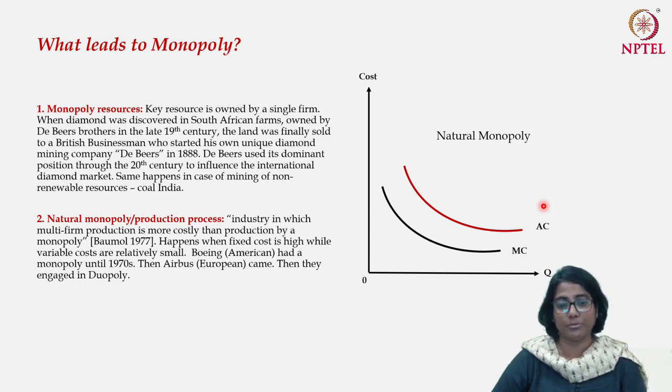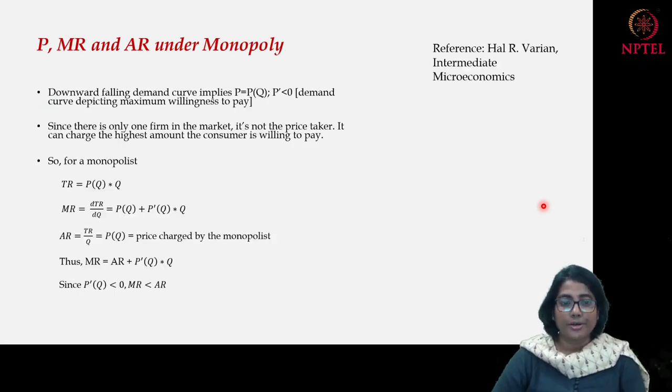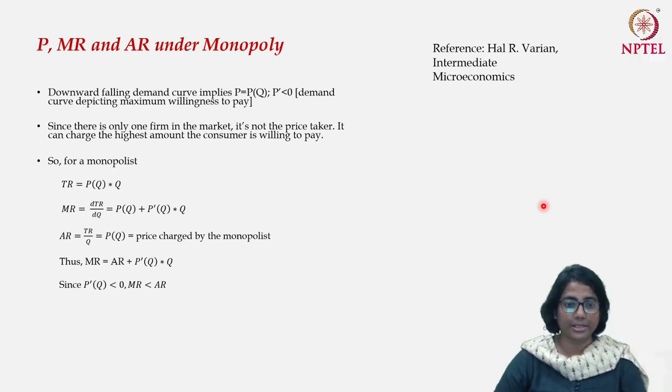So it gives us a glimpse that probably monopolistic market structure may be able to capture the energy market. However, the mathematics of monopolistic market structure is a little complicated as compared to the perfectly competitive market structure. So we'll go slowly and we'll try to understand where the equilibrium takes place.